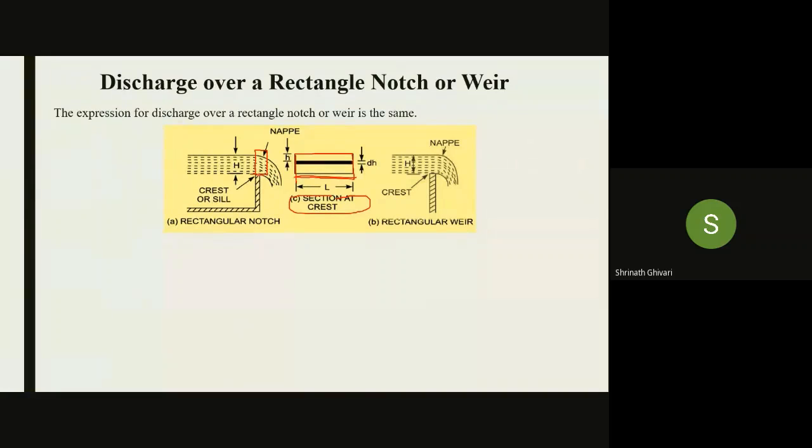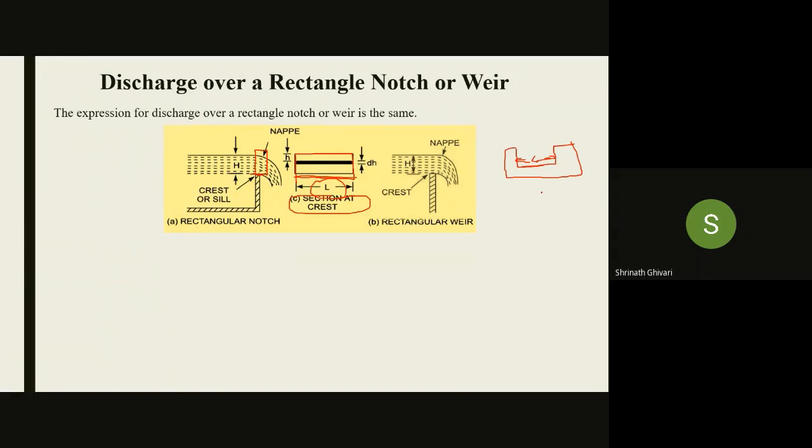Perpendicular to the laptop, or perpendicular to the plane, it will have length L. Like this it is. This is the length L.